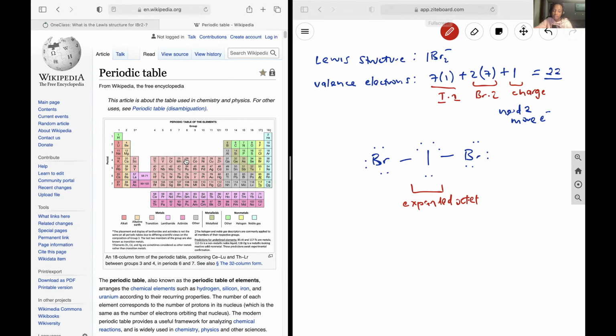The reason why we say it can take 8 electrons at a time is because we usually have the s orbital taking 2, and the p orbital taking 6. But once we start having d orbitals, which occurs from period 4, including period 4, downwards, then you can make space for 10 more electrons.